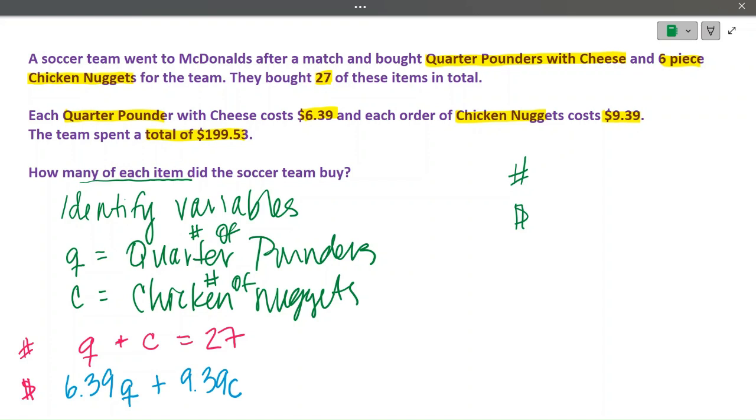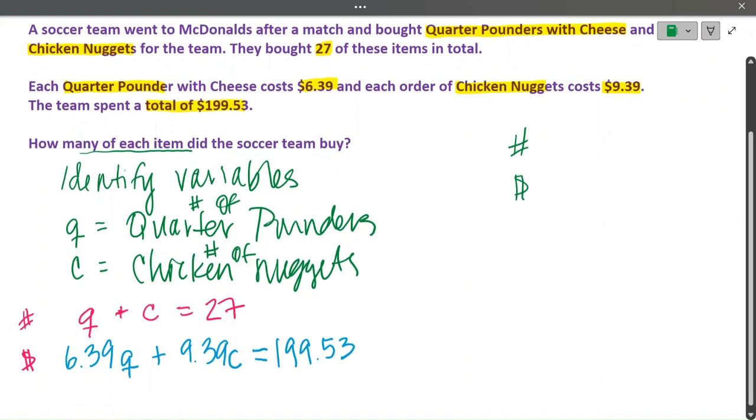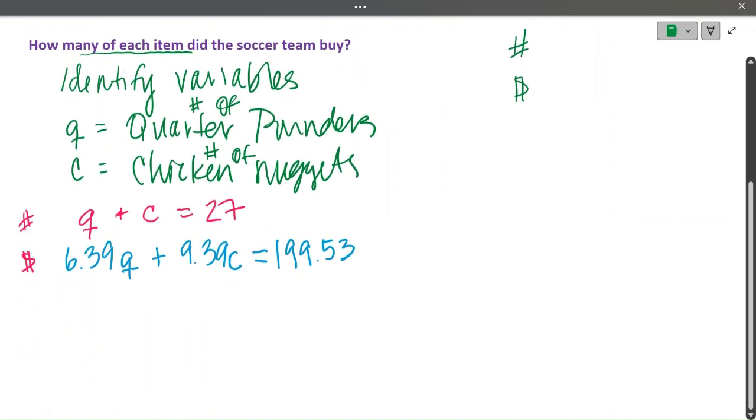Okay, each 6-pack of chicken nuggets costs $9.39. When you multiply that by the total bought, it tells you how much the chicken nuggets cost. And we know that in total, this team spent $199.53 just on these two items. This doesn't include fries, it doesn't include McFlurries, it doesn't include anything else.